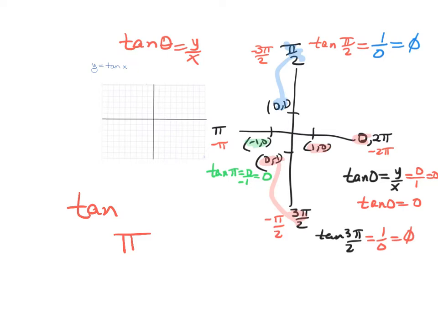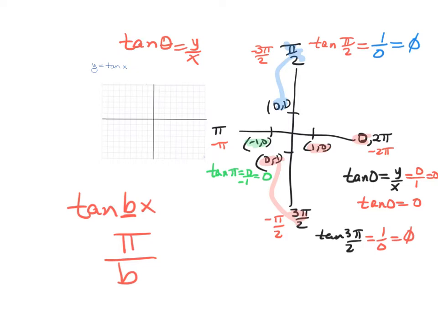Now, remember when there's a speed change, we would always take that cycle length and divide it by b, and the b is going to be the number that's in front of x. So now instead of 2 pi, I'm going to be doing pi divided by the number that's in front of x. Now for this first graph, the number in front of x is 1, so I don't have a speed change. This is just my basic tangent graph.